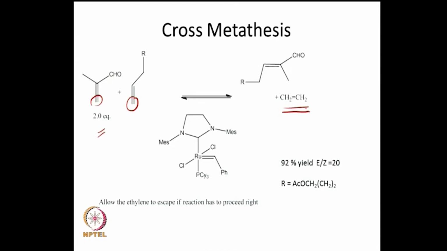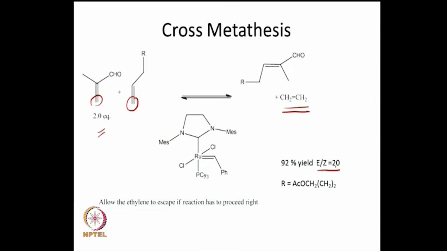And you will also notice that although you had an unsymmetrical alkylidene group, in other words, this alkylidene could end up with both cis and trans, you will notice that this reaction mixture ended up with the E by Z ratio, that means, the trans product was formed in a ratio of 20:1 to the cis compound. So, this turns out to be a very easy way of generating the product.